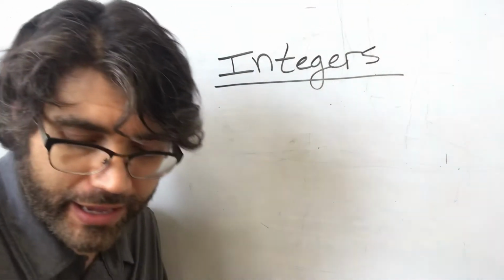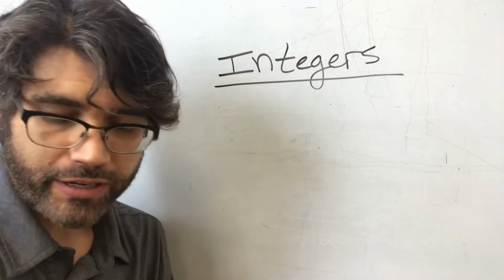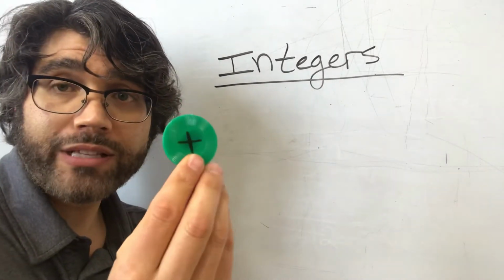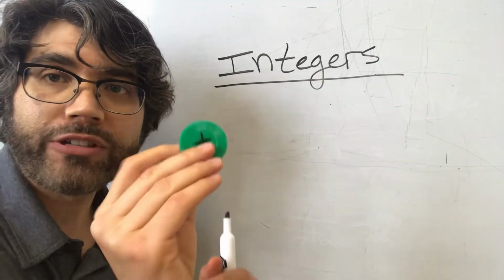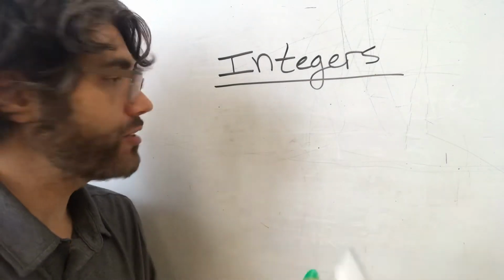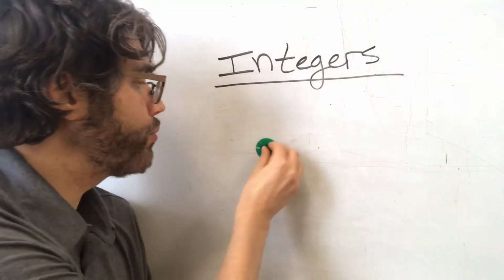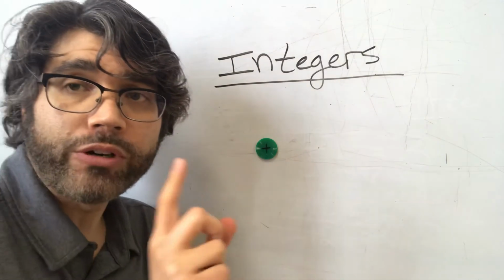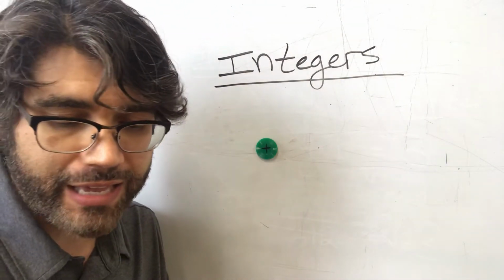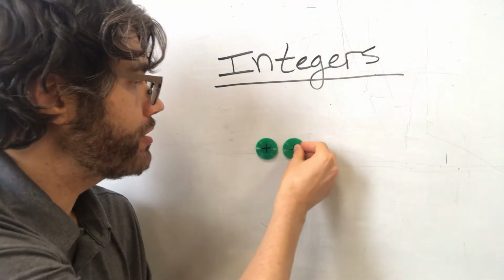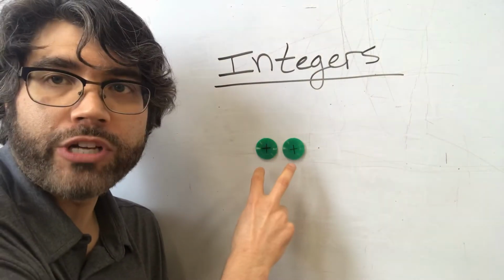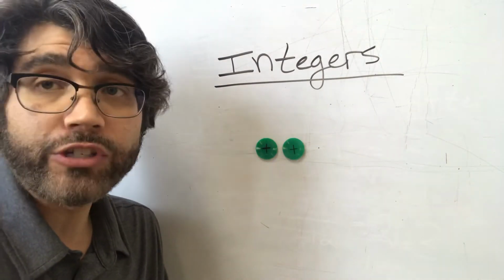Now I came up with some poker chips here. Here's some green ones, and I put a little putty on the back so they're easily stuck to the board. Each one of these poker chips is going to be worth 1. So if I have 2 poker chips right next to each other, it's going to be worth 2 poker chips, okay? Or the value 2.